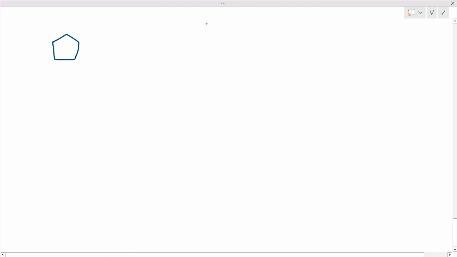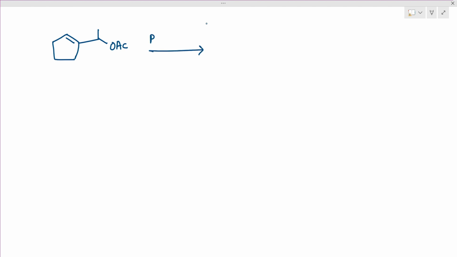One more question. Suppose you have been given this type of compound, and it is treated with Pd(PPh3)4. Then what do you have to do? Here, this is your double bond, so this will be your allylic position, and this is the OAc group.